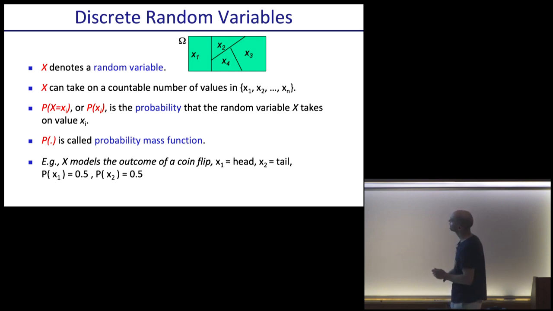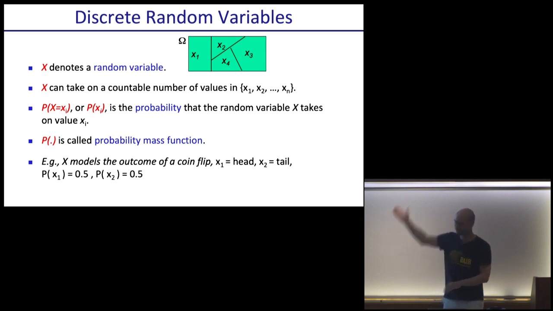If the world is in a state that's in that leftmost rectangle, we say x equals x1. If it's in that triangle above, it's x equals x2, and so forth. And so there's only 4 values x can take on. The probability associated with x equal x1, we can think of like essentially the mass associated with that region in the rectangle. And we call P a probability mass function.